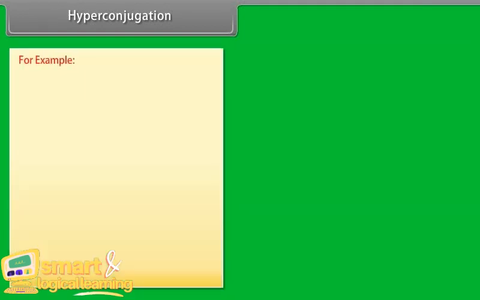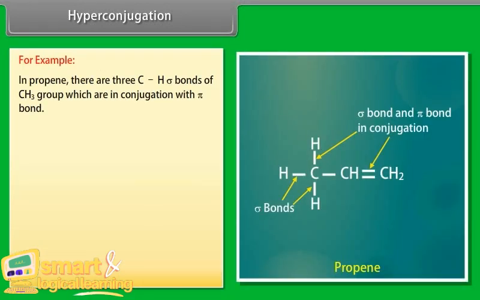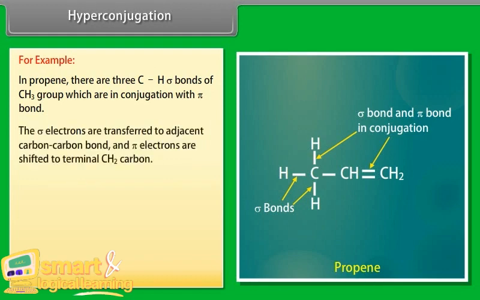For example, in propene there are 3 C-H sigma bonds of the CH3 group which are in conjugation with the pi bond. The sigma electrons are transferred to the adjacent carbon-carbon bond and the pi electrons are shifted to the terminal CH2 carbon.